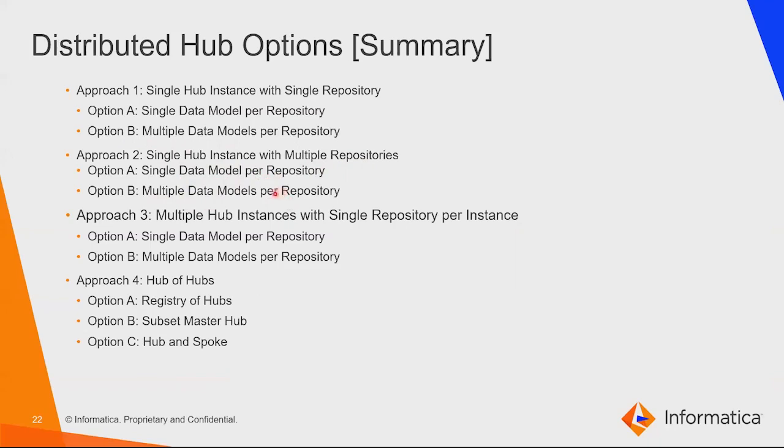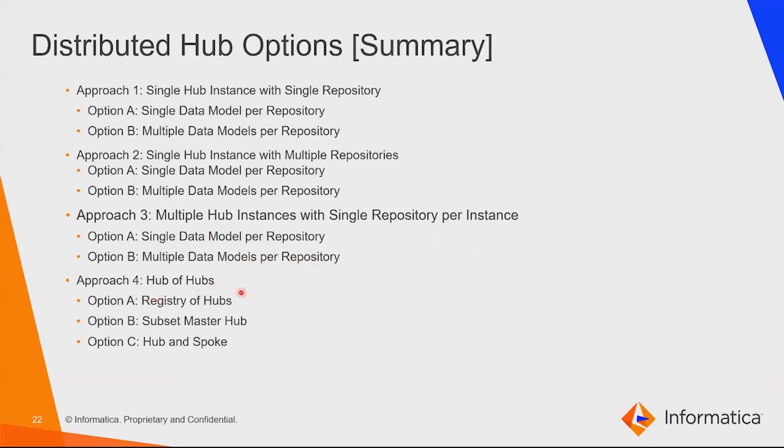The next kind of approach is basically your multiple hub instances, but all of them have a single repository per instance. And even within these multiple hub instances, you may have a single data model or multiple data models per repository.